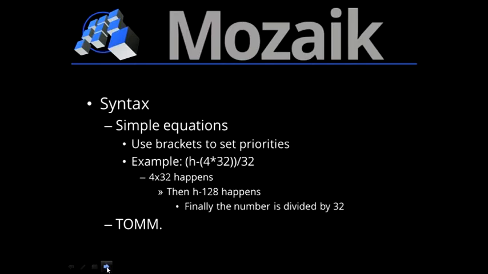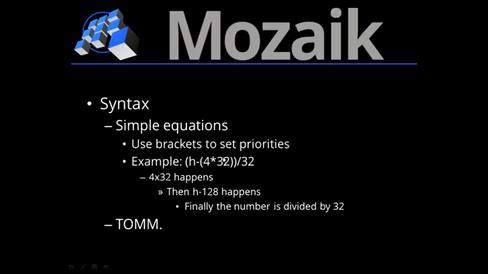For example, if we had a part that we wanted to modify the quantity of something by 32 millimeters, and we wanted to calculate that based on the height of the unit less 4 times 32 millimeters. Then notice how we have the brackets set here. 4 times 32 millimeters is at the most interior bracket, so that's the first thing that's going to happen in our equation.